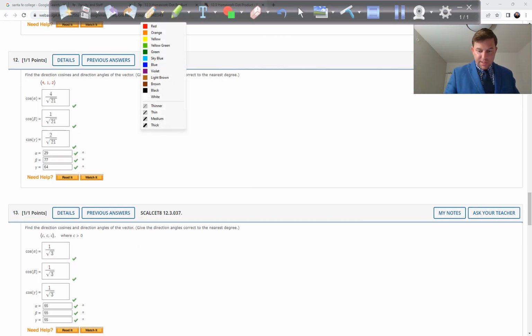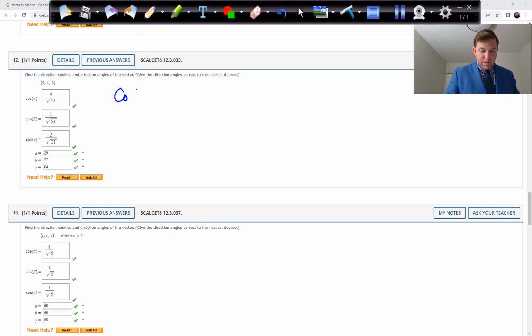Okay, problem 12 is not as bad as problem 11, I promise. It's direction cosines and their angles, and these are not too bad. So the direction cosine alpha is just equal to the I component A divided by the magnitude of the vector.